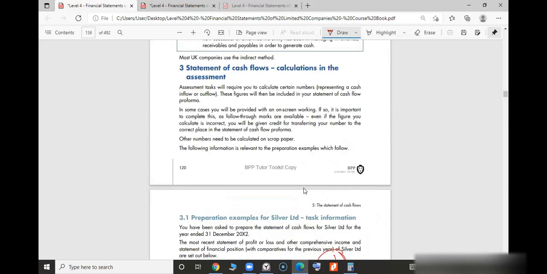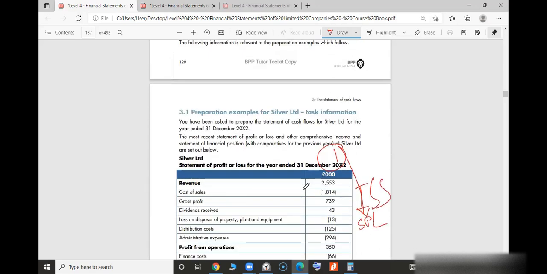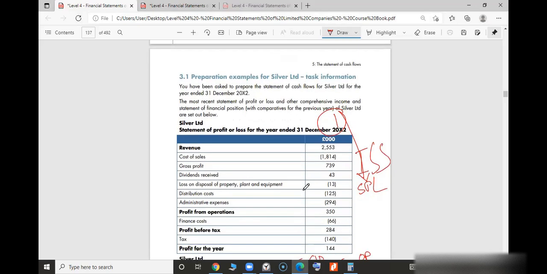Silver Limited, preparation examples for Silver Limited. Get ready for a big question on Silver Limited. You have been asked to prepare the cash flow for Silver Limited for the year ended 31st December 2012.